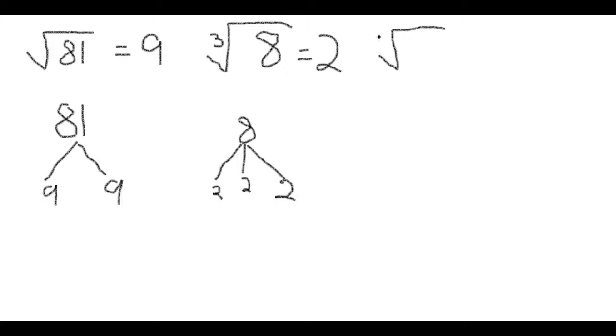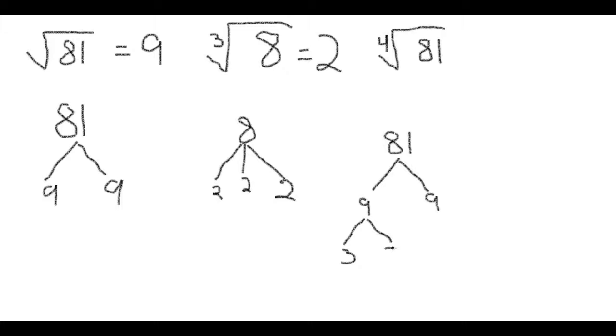Now what about the, let's say, the fourth root of 81? What would the answer be? Well, with 81, we know that the square root is 9 and 9.